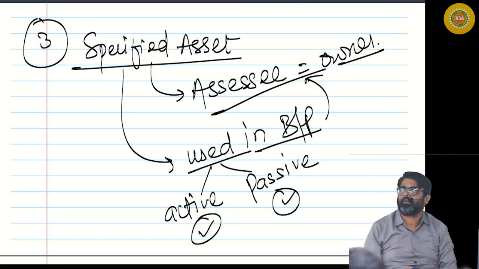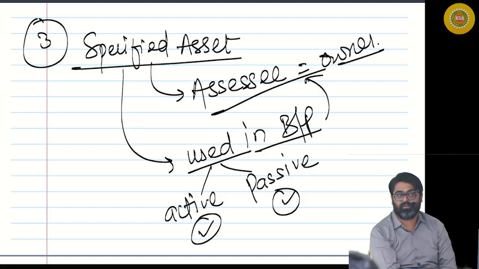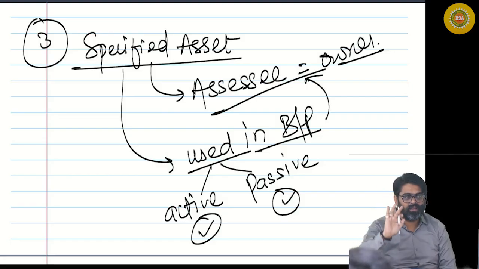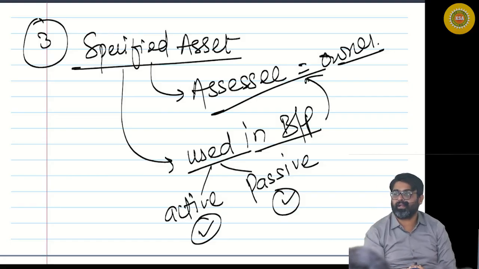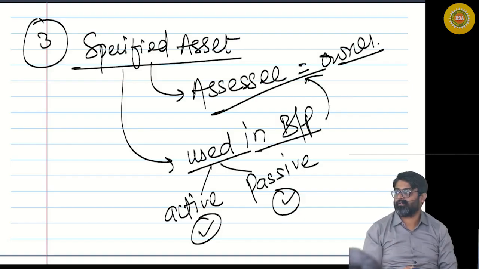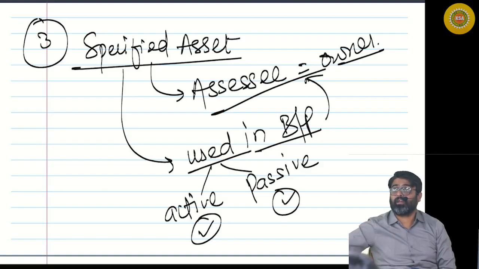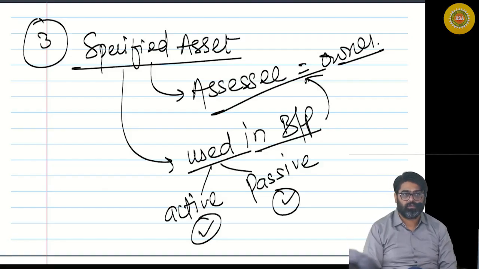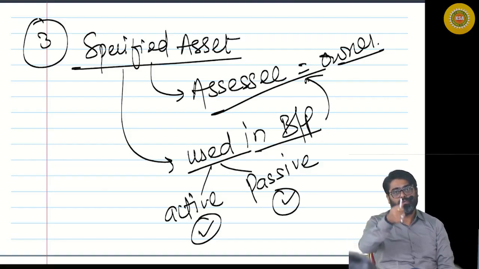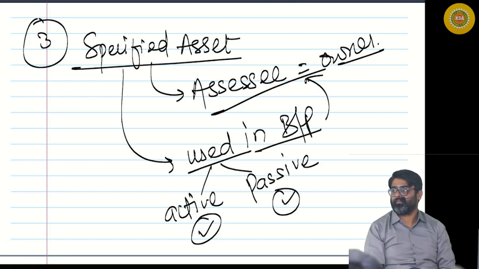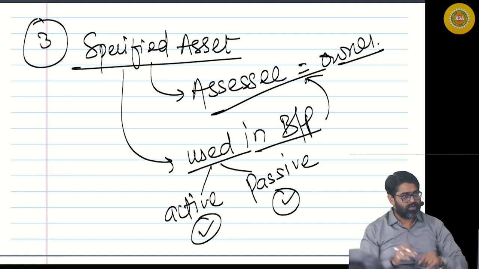But wait, some assets which are not actively used in the business, but they are kept ready for their intended use. Kept ready for their intended use, meaning that as and when the need will arise, immediately the assessee will start using those assets in the business. For example, one camera is being used right now to do the lecture recordings and all.